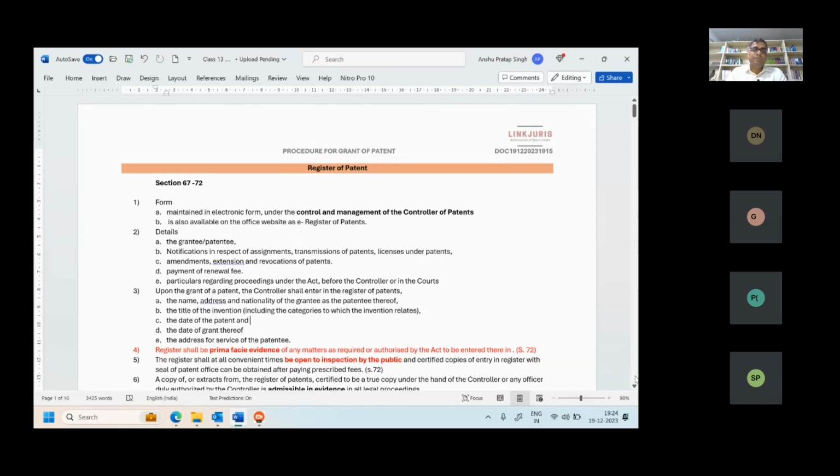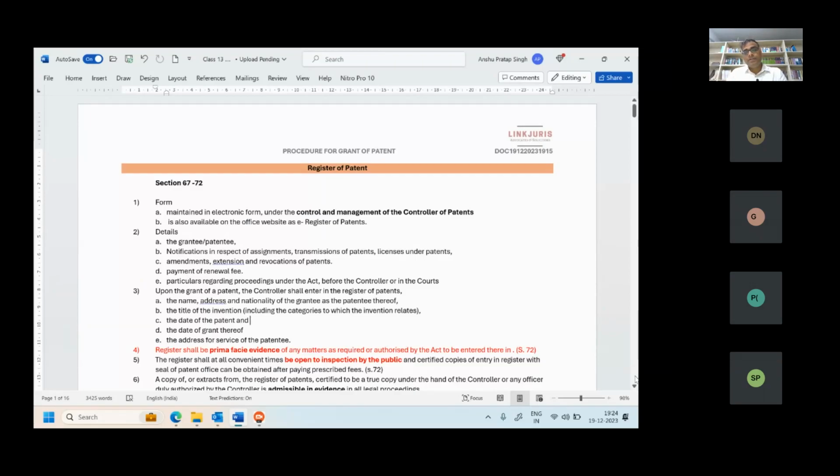financial year. Since the renewal fee is paid in advance, it must be paid before the beginning of the year for which you are paying the renewal fee. This is one thing.